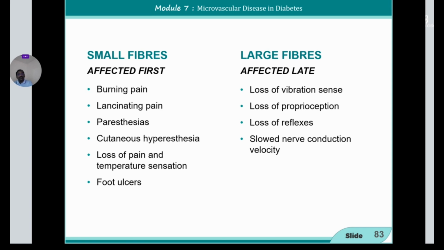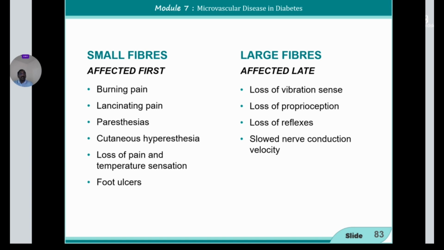Whenever the patient complains of these things, you think that the small fibers are affected first. When it involves the large fibers, there is a loss of the vibration sense when you examine with the tuning fork, a loss of proprioception, loss of reflexes like your knee jerk or ankle jerks, etc., and slowed nerve conduction velocity. So these are the large fiber effects.